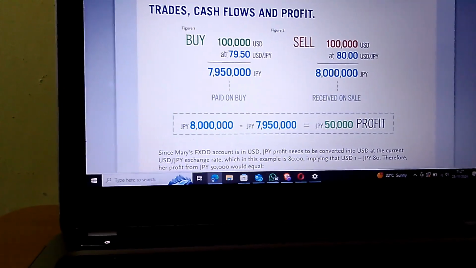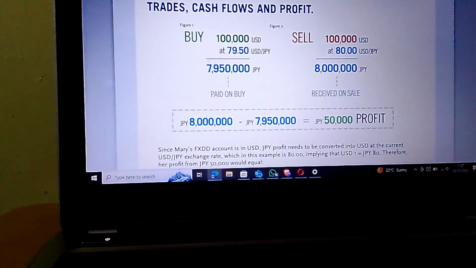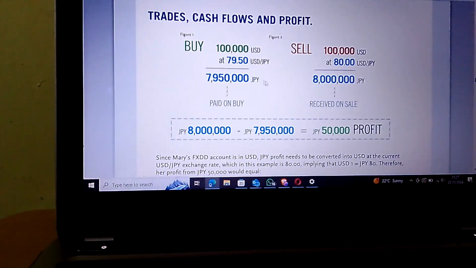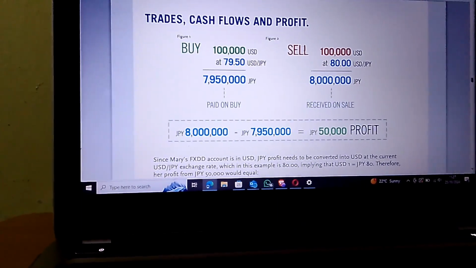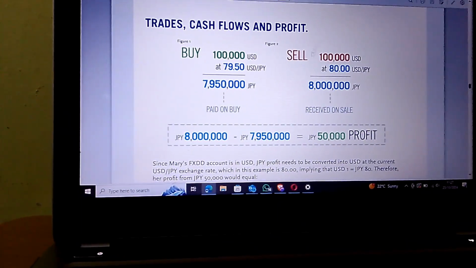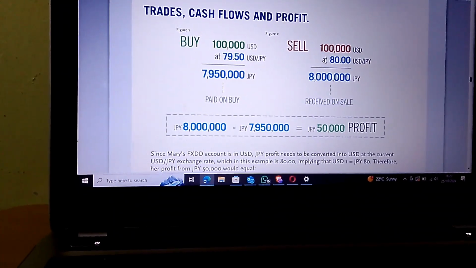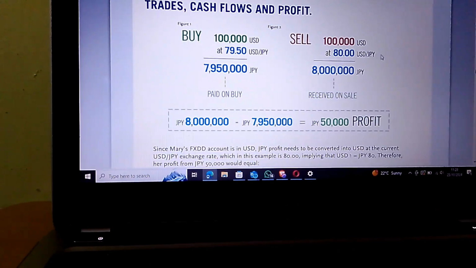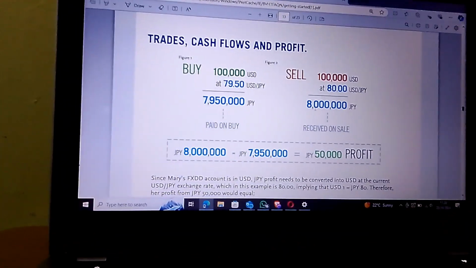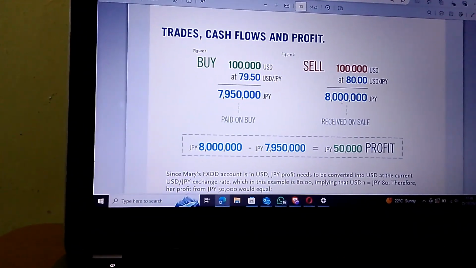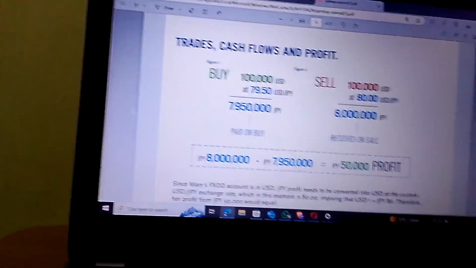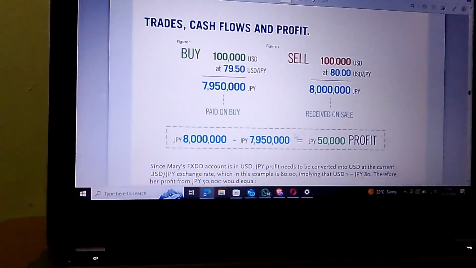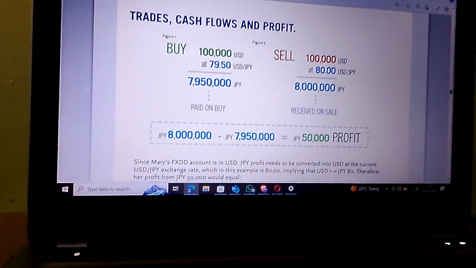At 79.50, we can say that she paid 7.95 million Japanese yen, and then selling that one standard lot position at 80 USD/JPY, she sold it at 8 million. If you take that difference, 8 million and 7.95 million, you find that she made a profit of 50,000 JPY.